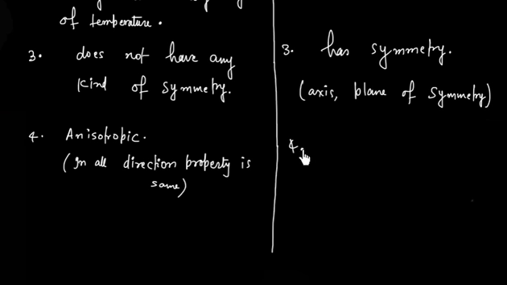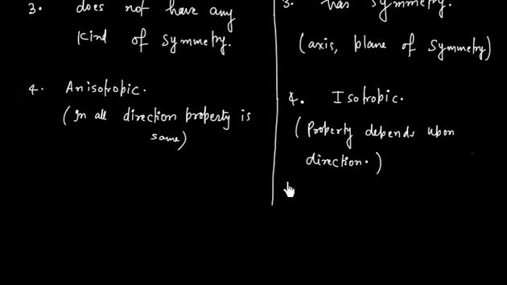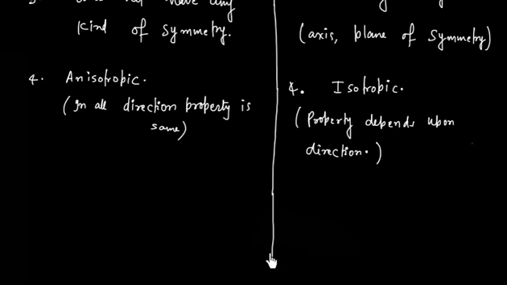But crystalline solid is anisotropic. So property depends upon direction. This means in some direction the property will be maximum, in some direction the property will be minimum.